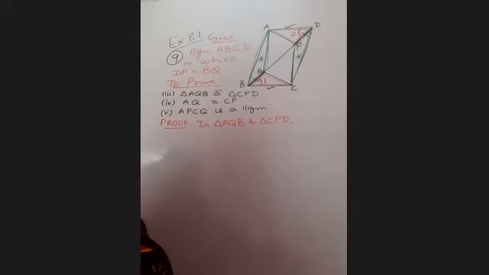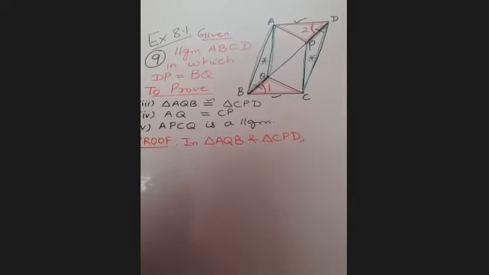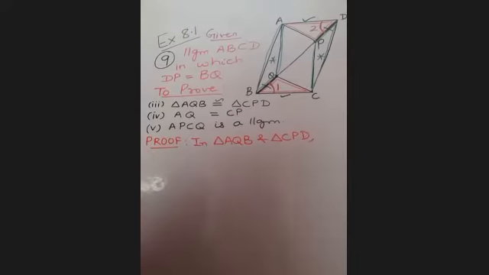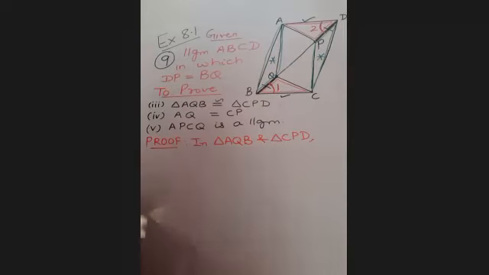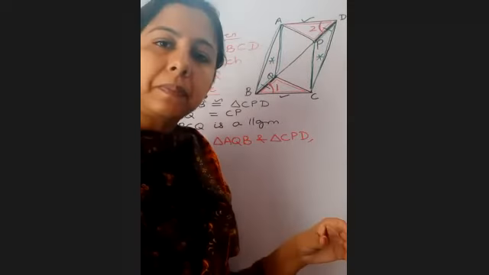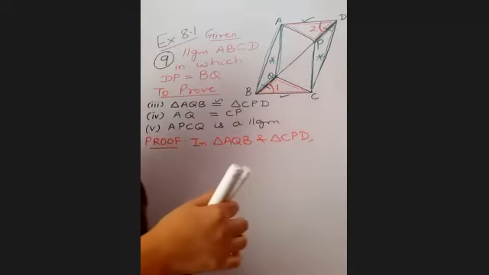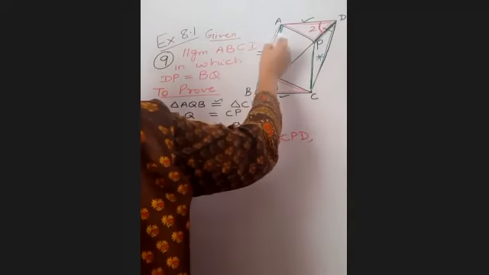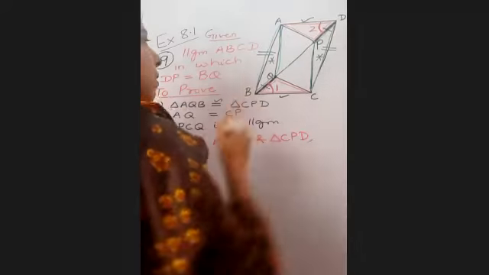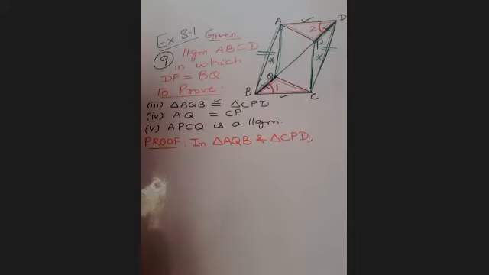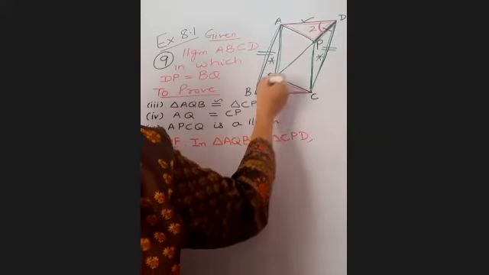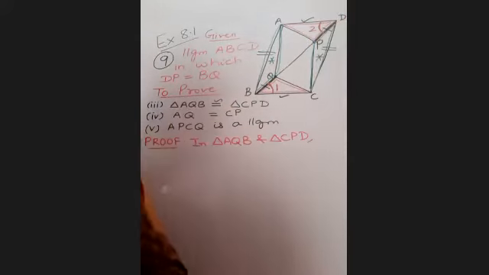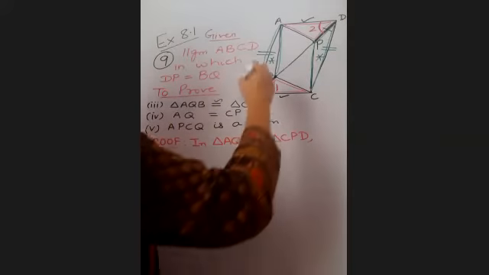Let us see which conditions we have with us. I'm just zooming a bit so that we can see carefully. Which conditions do we have in these two triangles, keeping in mind ABCD is a parallelogram? Ma'am, AB equals CD. Yes. AB is equal to CD, opposite sides of a parallelogram. Then BQ is already equal to DP. Ma'am, given.